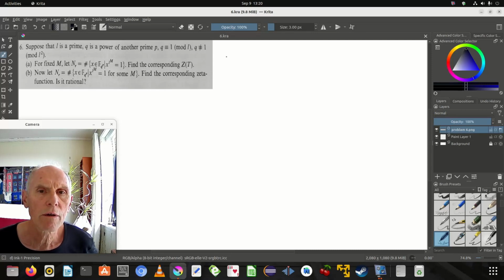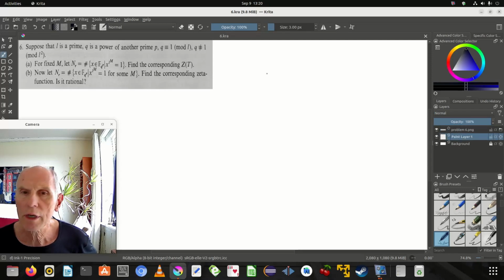So L, it doesn't work. I have to change layer.